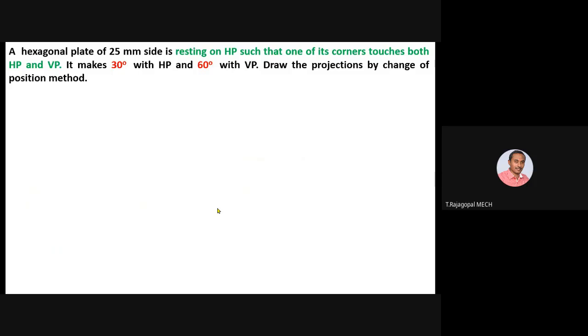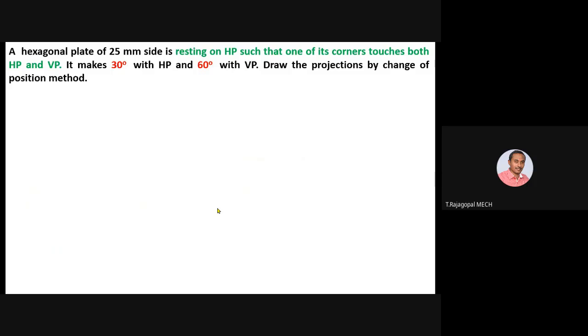But in question point of view, here the surface inclination is not mentioned because it makes 30 degree with HP and 60 degree with VP. And we clearly identified resting on HP, the surface is on HP, so top view can be exposed, all the visibility of all the corners in the top view.